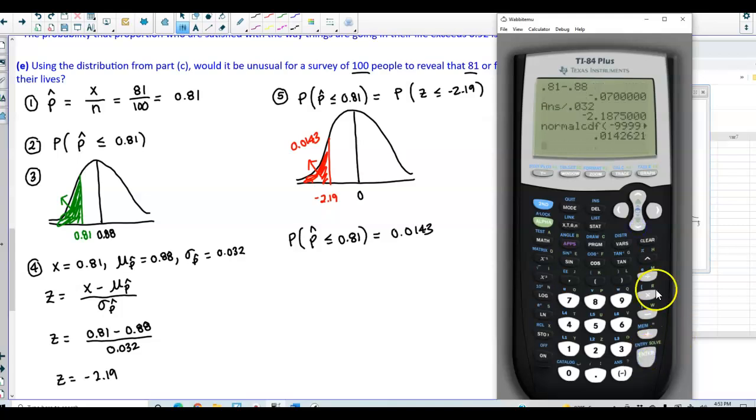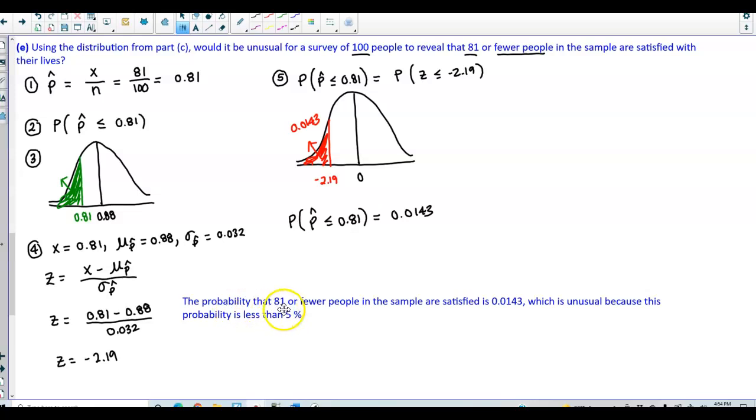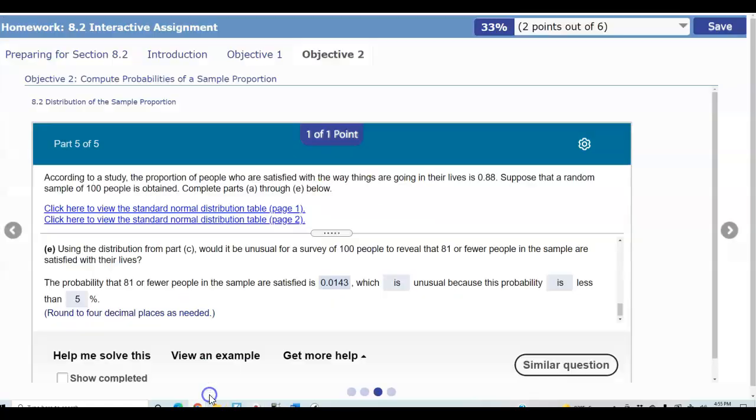Select paste, and there is again our area, 0.0143 rounded to 4 decimal places. So therefore we'd say the probability that 81 or fewer people in the sample are satisfied is 0.0143, which is unusual because the probability is less than 5%. Putting in our answer here, the probability that 81 or fewer people, you can see that there is our result, and that concludes this question.